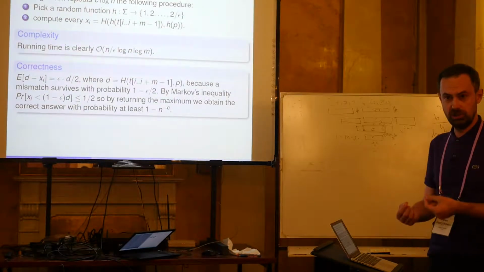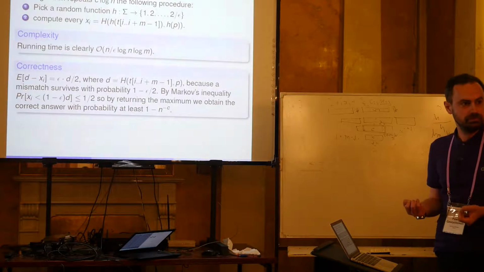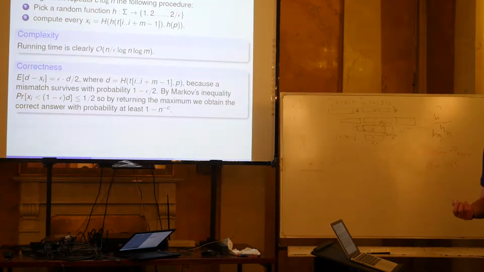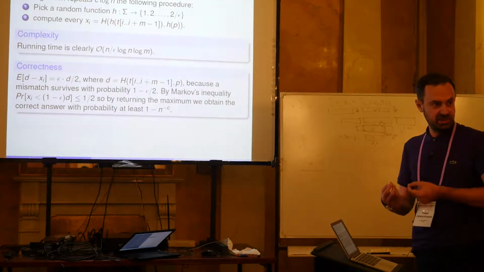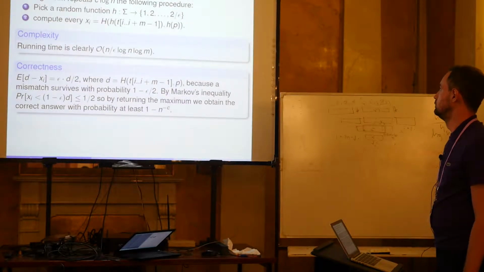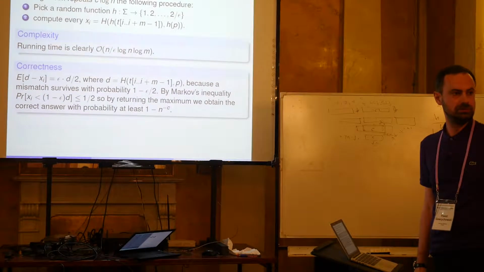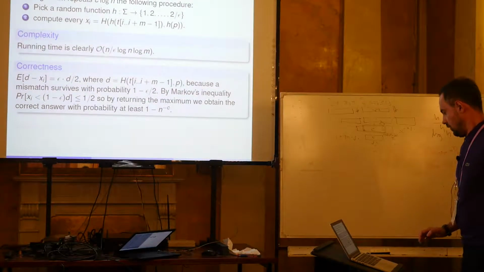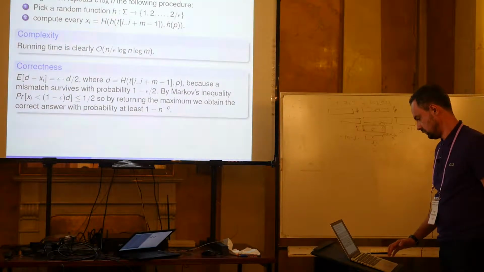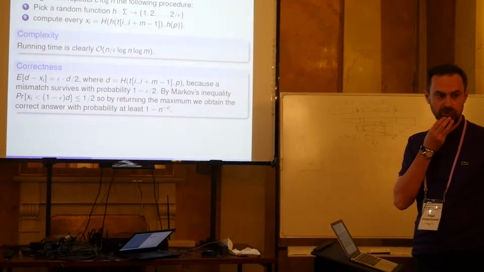Well, you have 2 over epsilon possibilities, so each mismatch might disappear with probability at most epsilon over 2. Make sense? So that's for this expected value. That's how much we could differ.